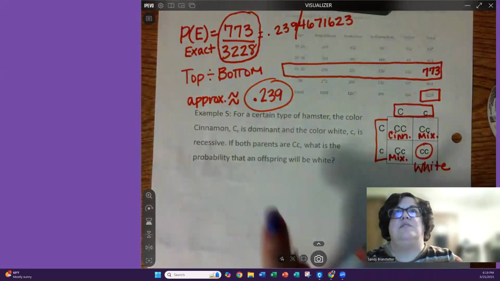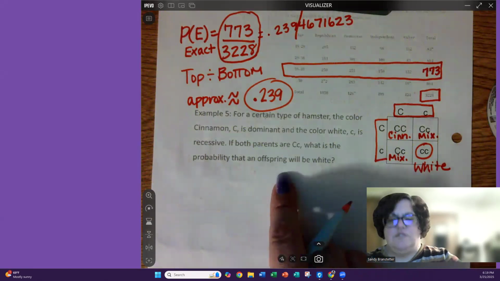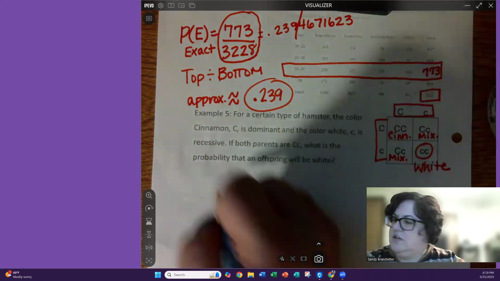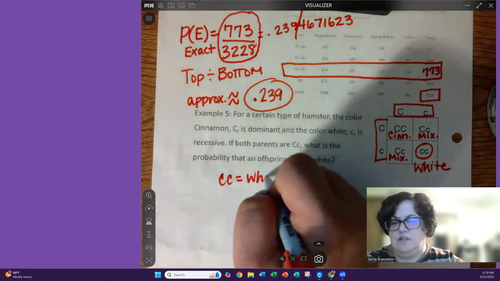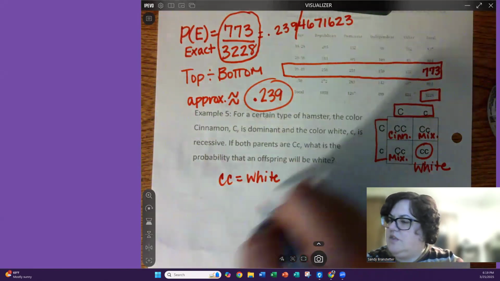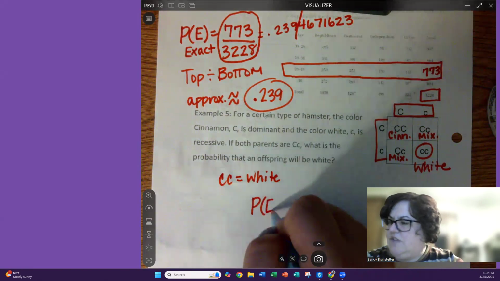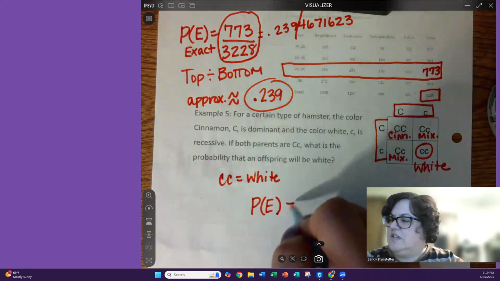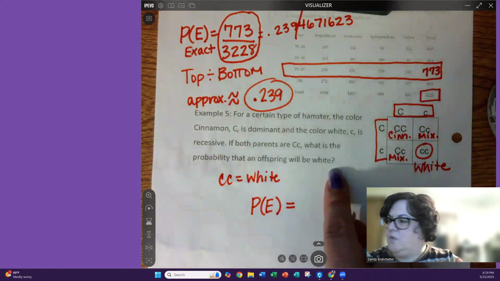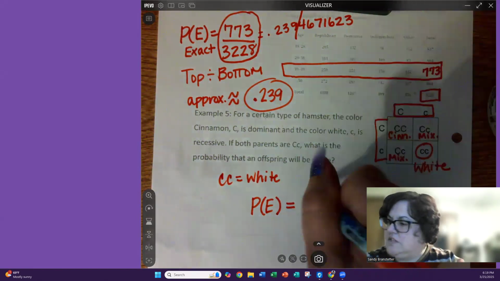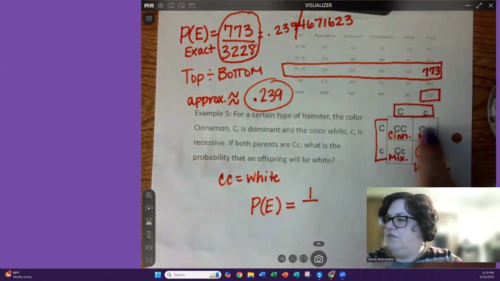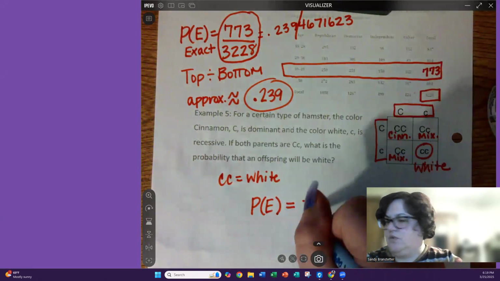So what is the probability that the offspring will be white? So let's put a little note. Little c, little c is white. And then the probability of the event, that is getting an offspring that's white, there is 1 in the table out of the 4 possible.